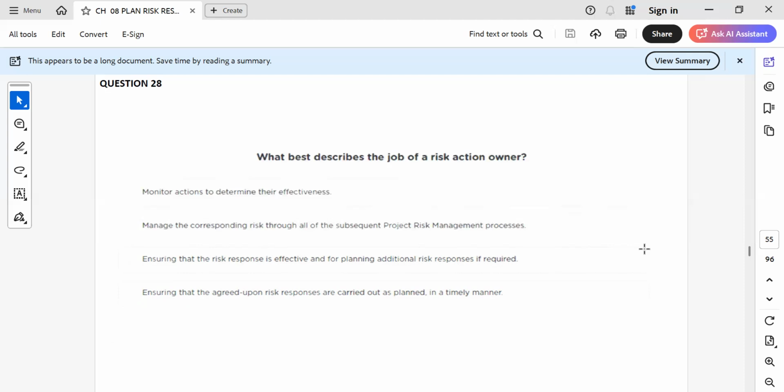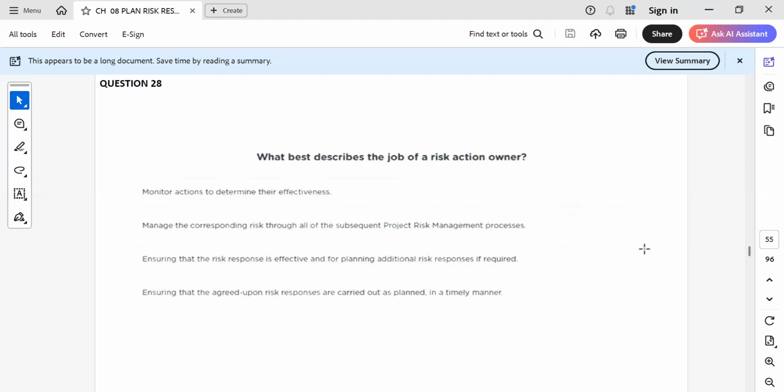It can be the responsibility of the risk owner rather than the sole risk action owner. If for a certain risk he is solely responsible, okay. And then for planning additional risk responses if required, he needs to take into consideration and agree with all the stakeholders. So he cannot solely decide that I will be taking that action.